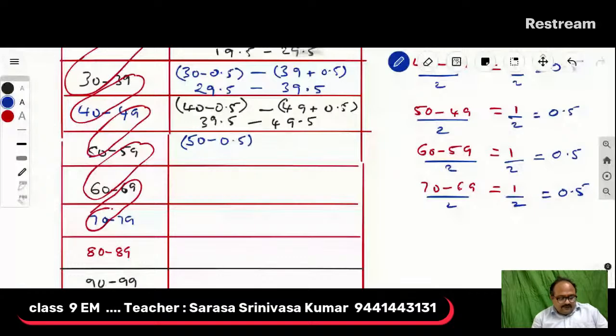To the upper limit we are adding, and to the lower limit we are subtracting. To 59 plus 0.5.